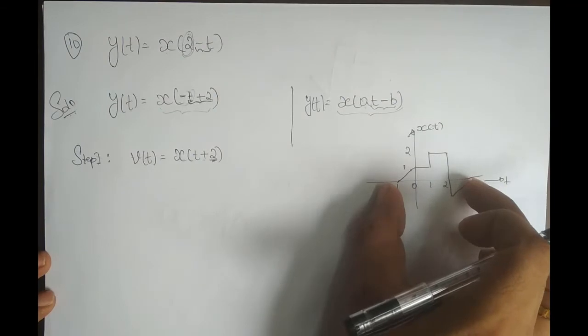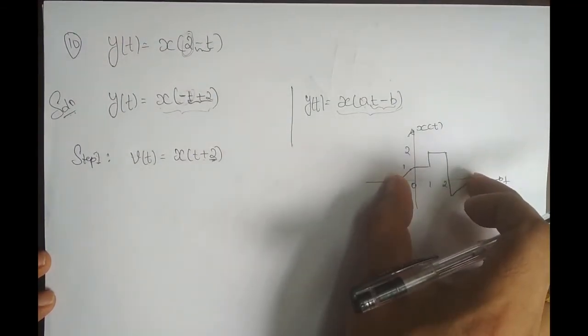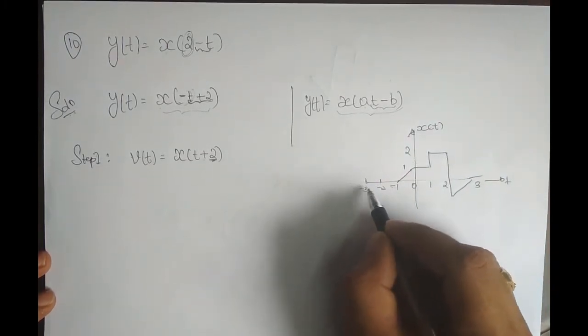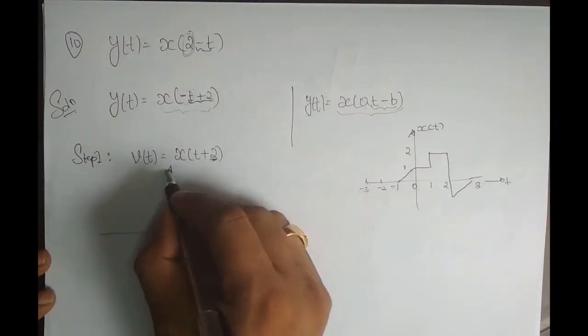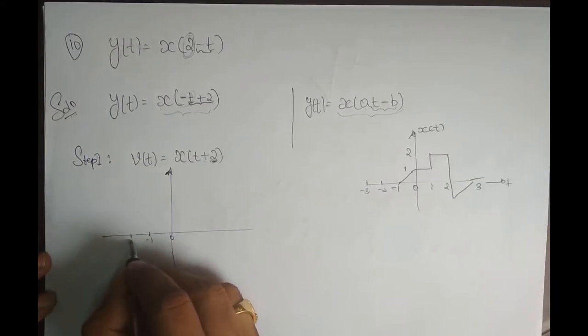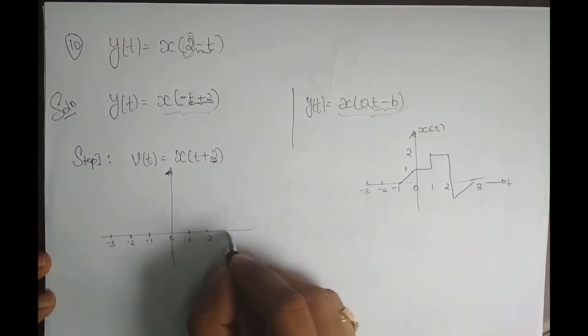Here the signal started from minus 1. If I shift it left by 2 units, 1, 2, it starts from minus 3. So let me sketch that signal. This is my x of t plus 2, with axis marks at 0, minus 1, minus 2, minus 3, and 1, 2, 3.